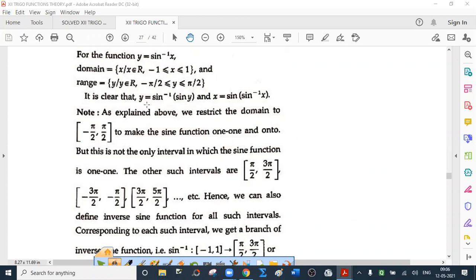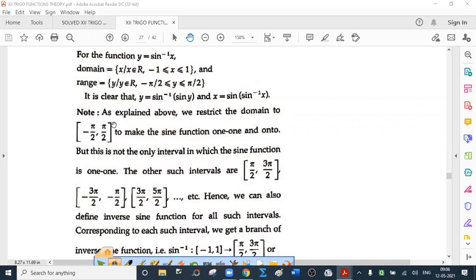Also, it is clear that y equals sine inverse of sine y. We have already used this result in derivatives. Sine inverse of sine of any angle is that angle, provided the angle belongs to the particular range. Similarly, sine of sine inverse x is always x, provided x belongs to the closed interval minus 1 to 1.